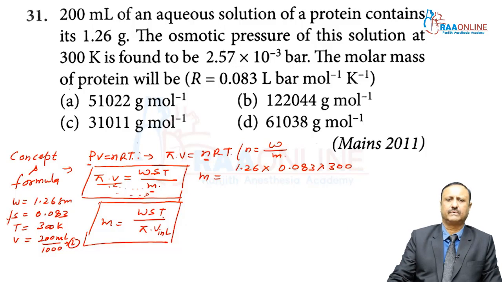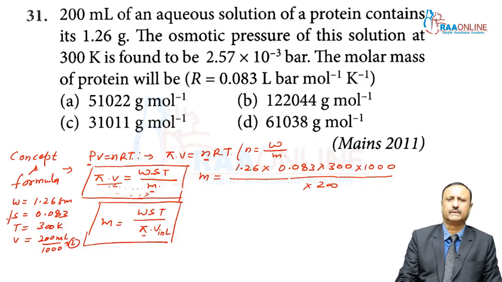So, my dear students, because here the volume is taken, 1000 goes on the upper side, 200 goes below, multiplied by the osmotic pressure pi. Where is pi? We can see the pi, that is 2.57 10 to the power minus 3.